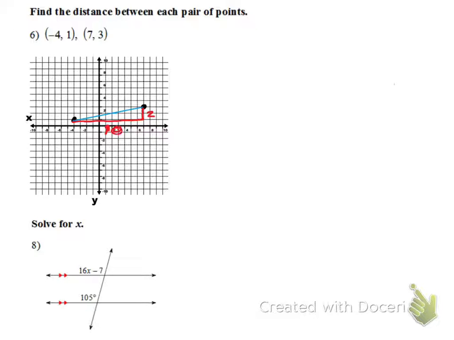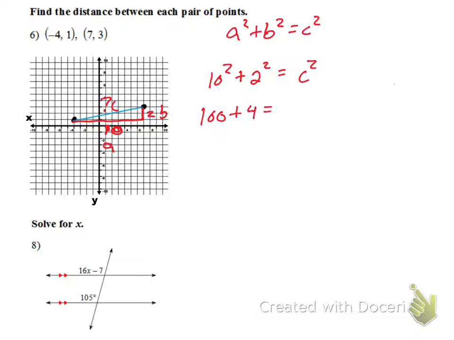We don't know what the hypotenuse is, so I would use the Pythagorean theorem, which is a squared plus b squared equals c squared. Let's label this a, this b, and this c. So 10 squared plus 2 squared is equal to c squared. So 100 plus 4 is equal to c squared, so 104 is equal to c squared.